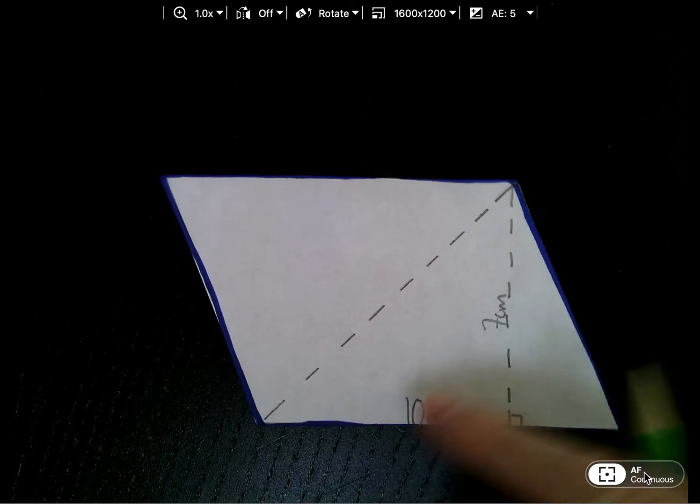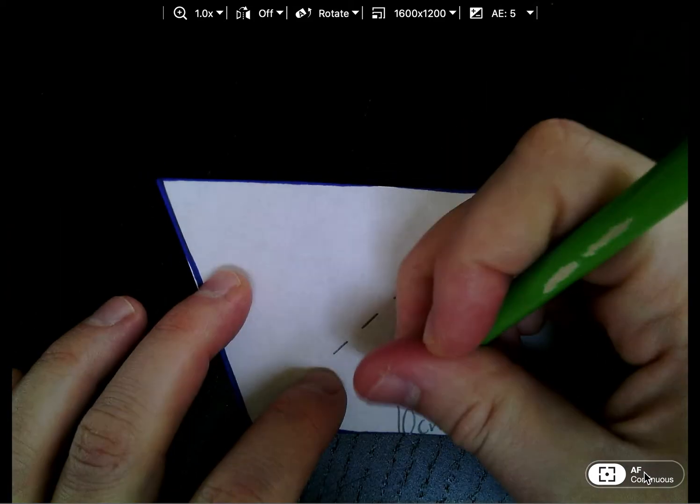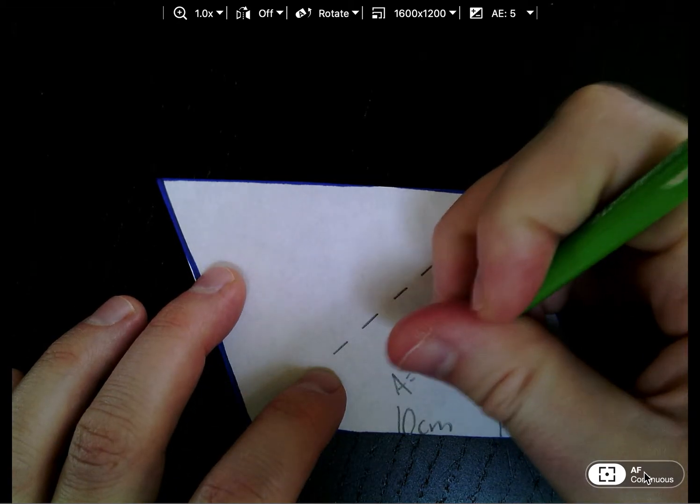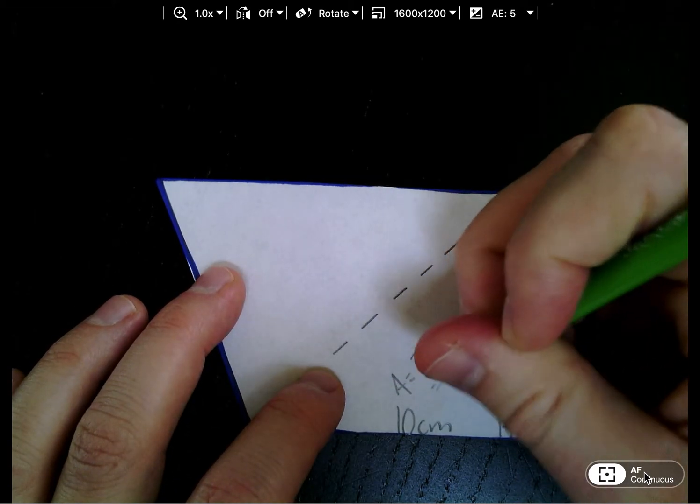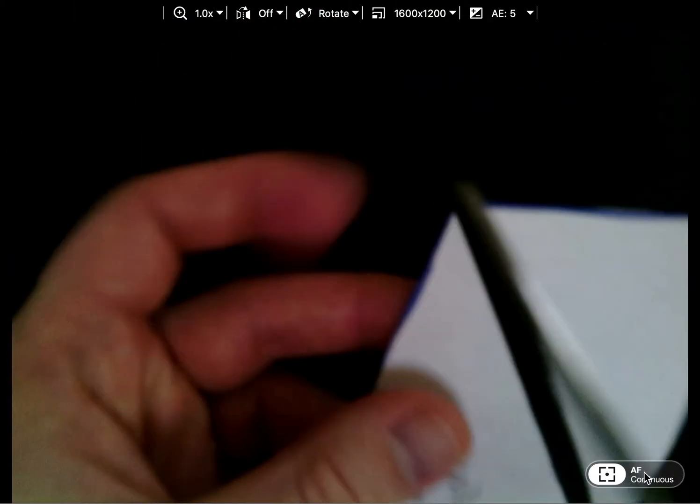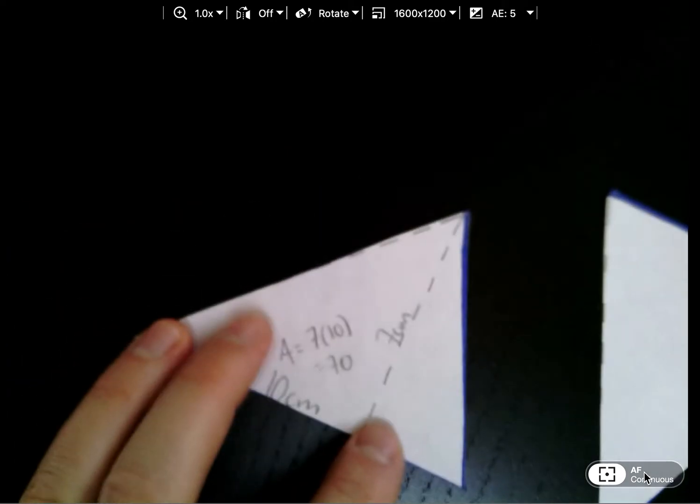Just like with the right triangle, we could have a parallelogram that has the same base and height. So here we would know the area of the entire parallelogram is 7 times 10, or 70. But then to get that original triangle, we would then cut it in half. So then I would divide that 70 by 2 as well to get 35 centimeters squared.